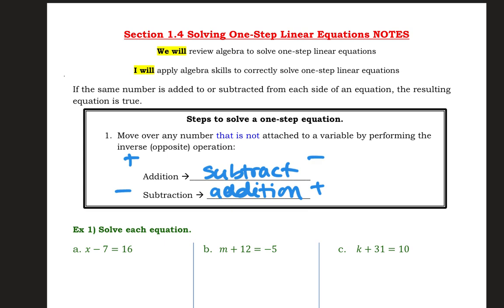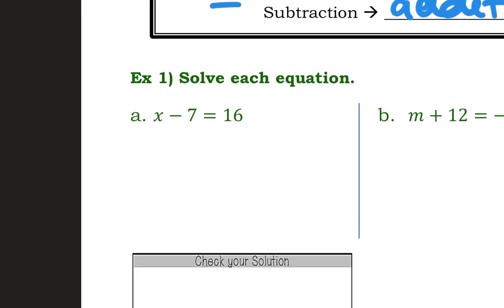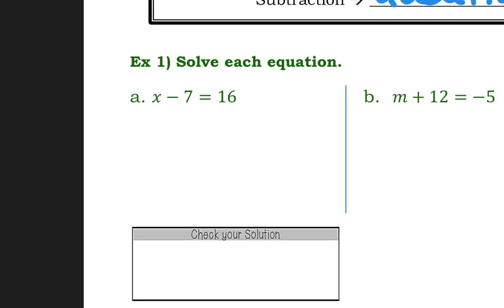Tomorrow we'll go into 2 steps, and we'll get practice on that for 2 days. Here I have x minus 7 equals 16. I want this x by itself. I want this to be alone. So if I want to get this x by itself, what do I need to get rid of? The 7.